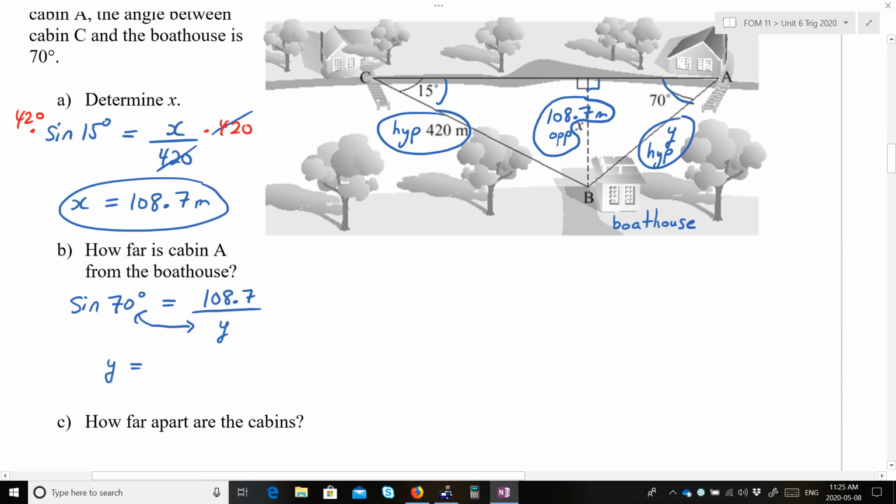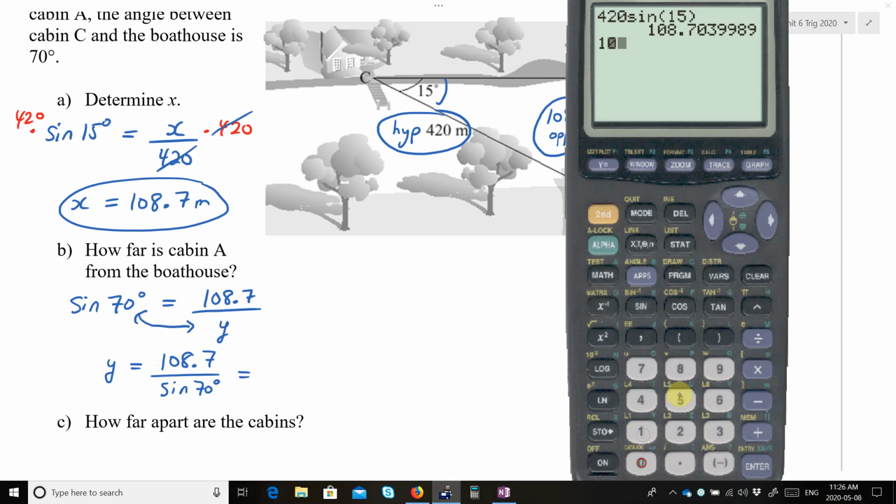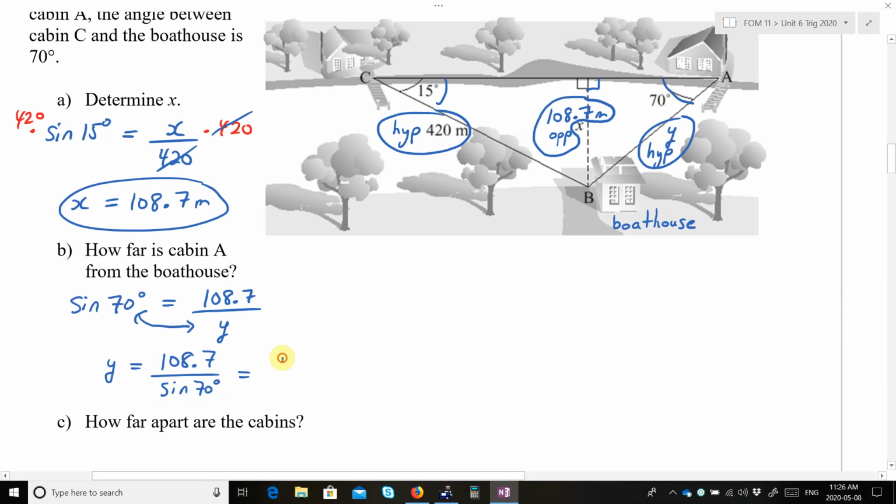So we'll end up getting y equals 108.7 divided by sine 70 degrees. Okay, and we get 115.7 if we round to one decimal place, and that's going to be in meters because this was in meters.